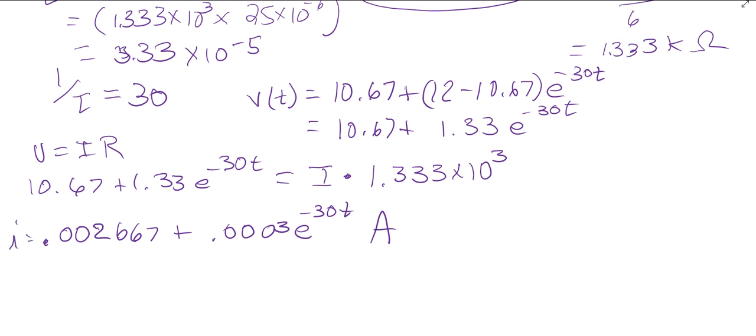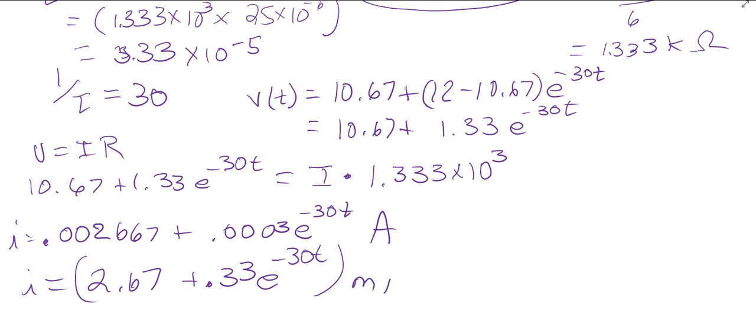But that doesn't look very nice, so let's make it milliamps. So multiply everything by 1,000: 2.67 plus 0.33 e to the minus 30,000t milliamps.